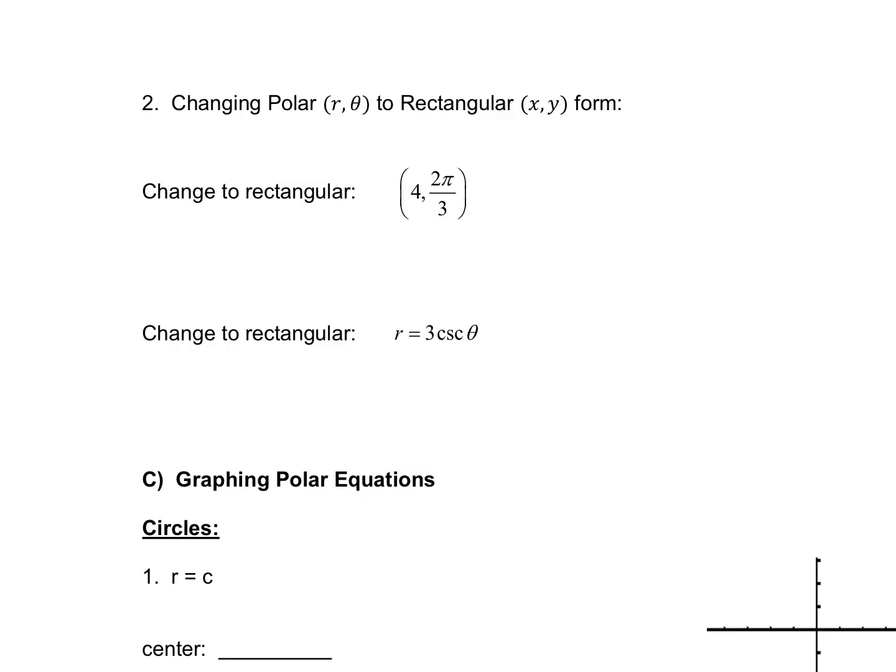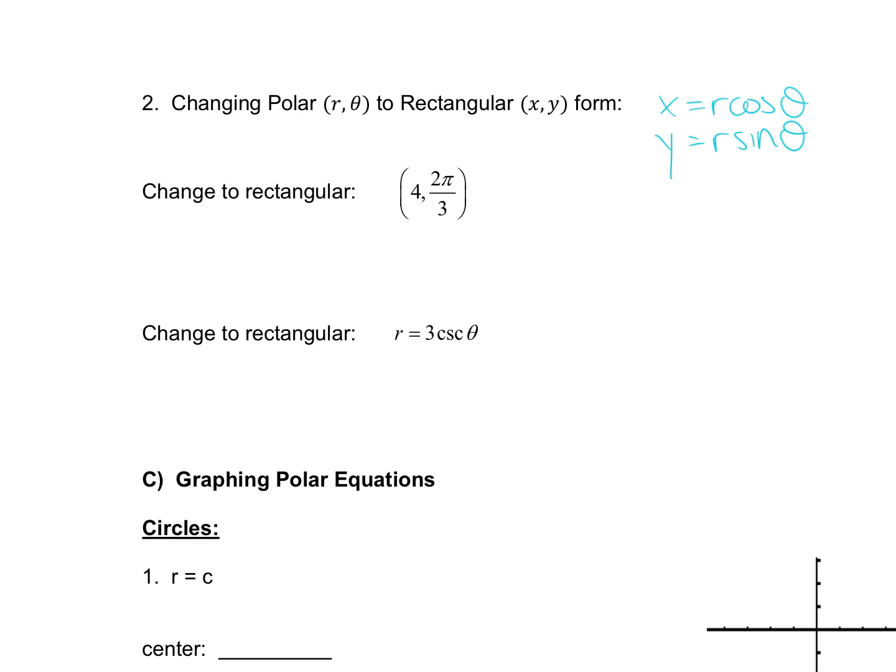If I am given a polar point and I want to switch to x and y, I am going to use the formulas x equals r cosine theta and y equals r sine theta. This is almost like parametric, where theta is our t.